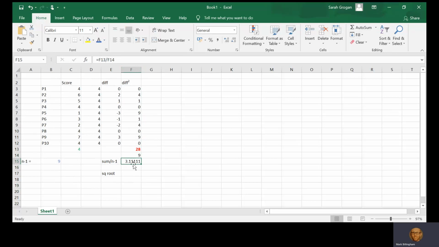Now the final stage is to square root that. Okay, so we need to find the square root of 3.1 recurring. So I've got a formula for that. Square root of, so let's go back one. Let's get that right.